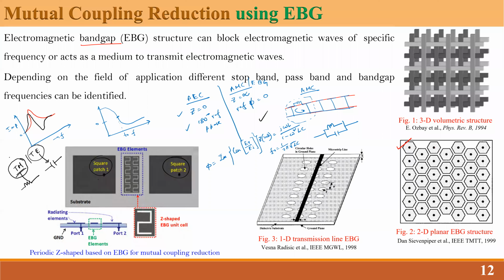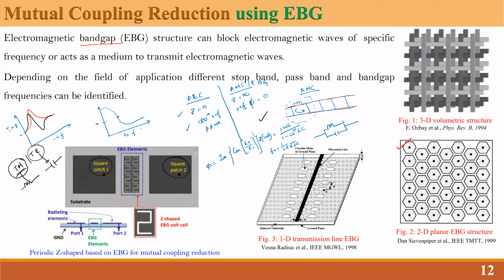So before resonance, TM mode; after resonance, TE mode; and at resonance, infinite impedance, purely resistive. This is why EBG plays an important role in reducing the surface wave. This is the basic physics behind it, so I hope you have understood the concept.